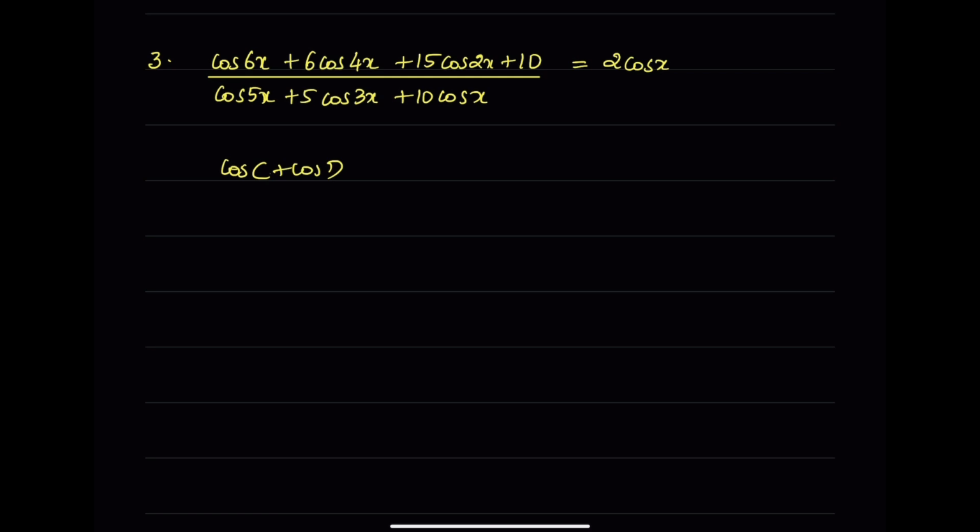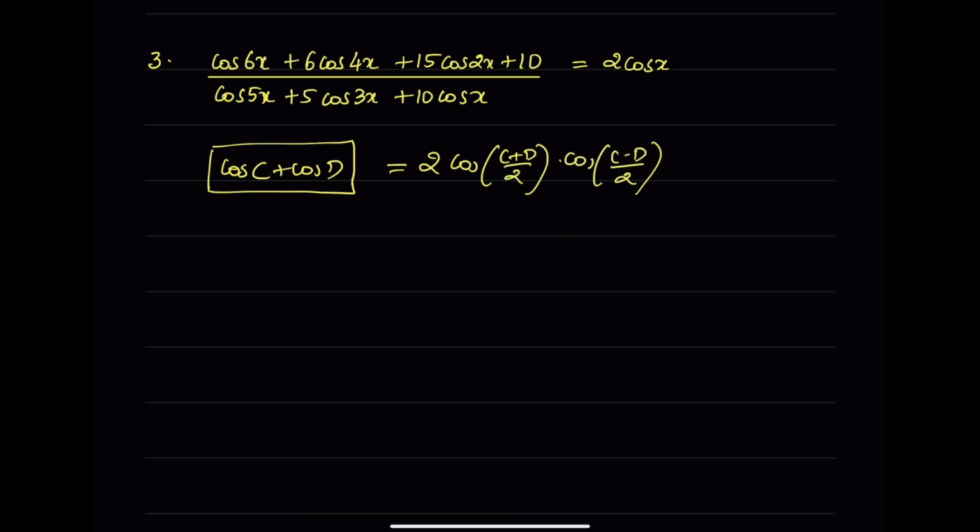Here we have to adjust the variables so that we arrive at a format of cos C plus cos D, where we can apply the formula of 2 cos (C plus D) by 2 and cos (C minus D) by 2. So how do we do that?